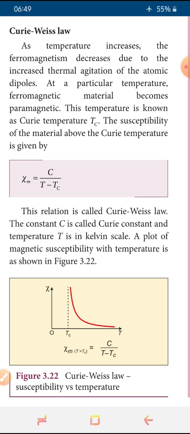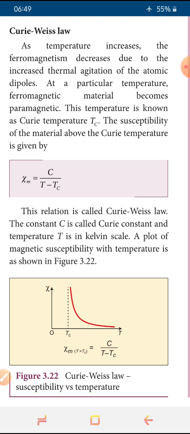The susceptibility of the material above the Curie temperature can be defined with the formula chi m equals C divided by T minus Tc. This is called the Curie-Weiss law. C is called Curie's constant, and T is the temperature on the Kelvin scale.